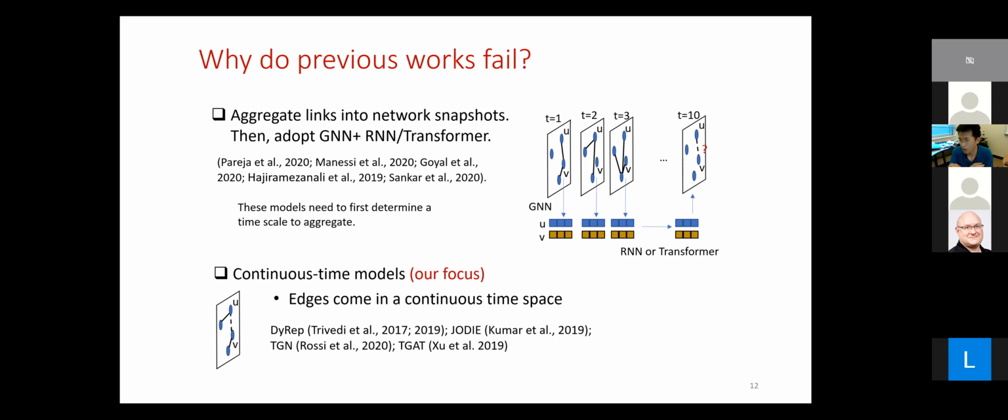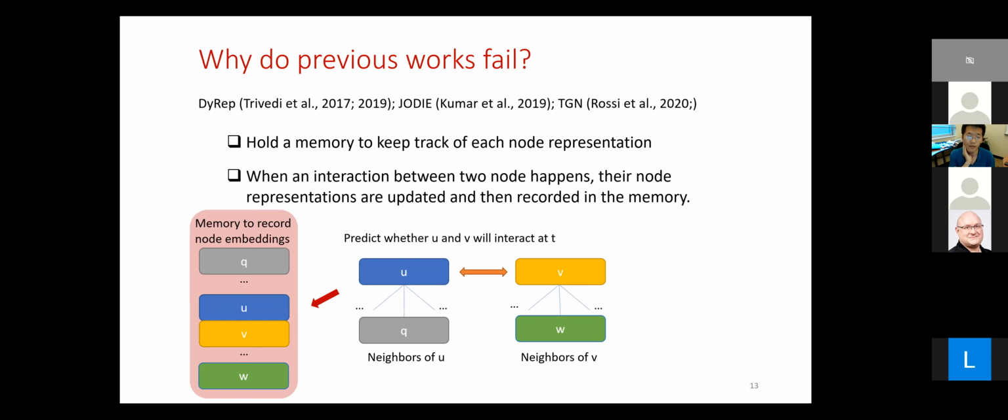And why is that? For these three works, and the TGN, what they do is quite natural, just following our intuition about temporal networks. They have a memory to track every node's representation, or node embedding.